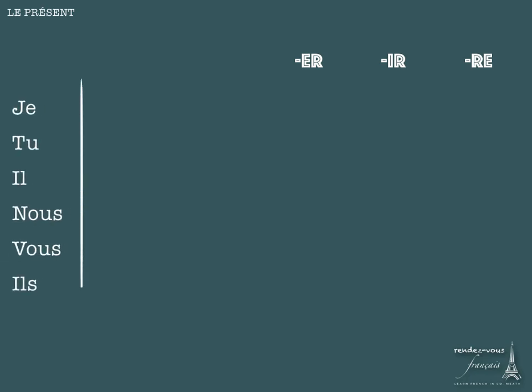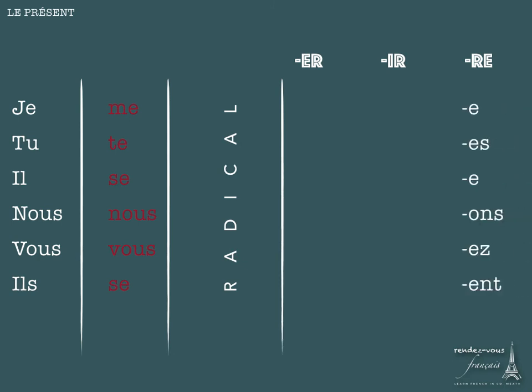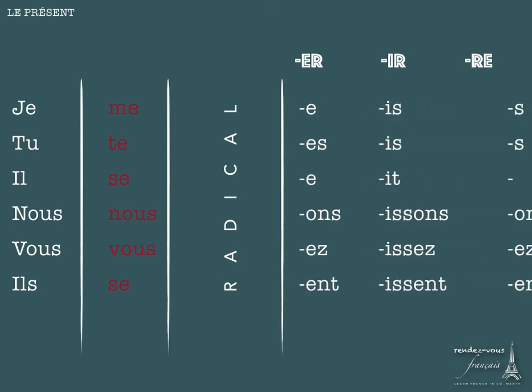And it works the same way for the present tense and for all the tenses, but there is a little thing that you should not forget. After the subject, je, tu, il, nous, vous, ils, you need to add me, te, se, nous, vous, or se. After that, you have the radical again and the endings that you already know.